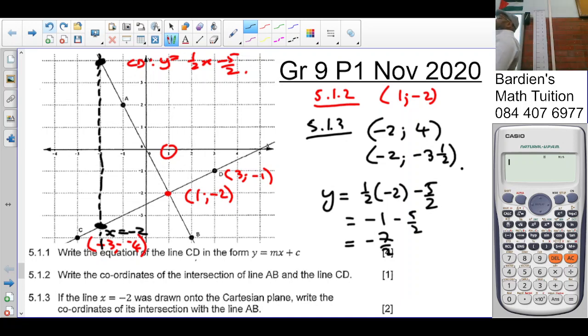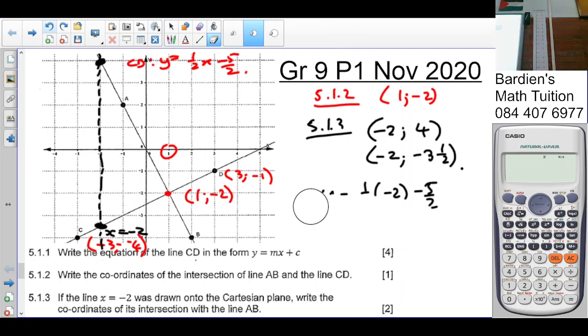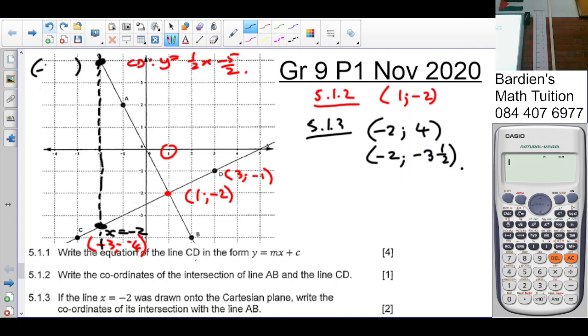Now negative 7 over 2, negative 3.5 and negative 3.5 is all the same thing. So either way, we'd have gotten the solution correctly. Okay, so on here we write, this is going to be negative 2 and 4, and this is going to be negative 2 and negative 3 and a half. Okay? You guys understand?